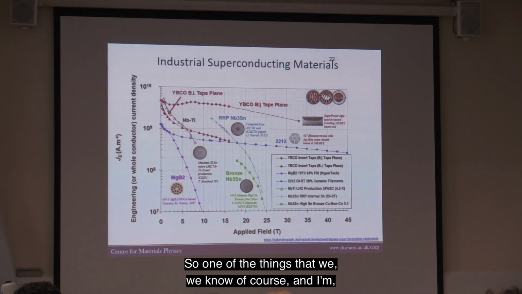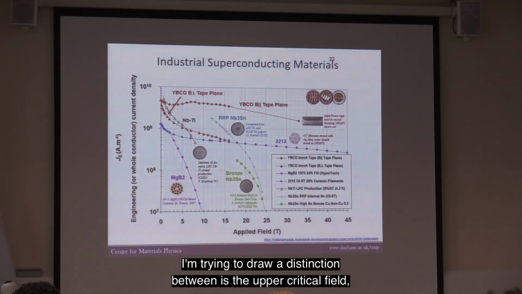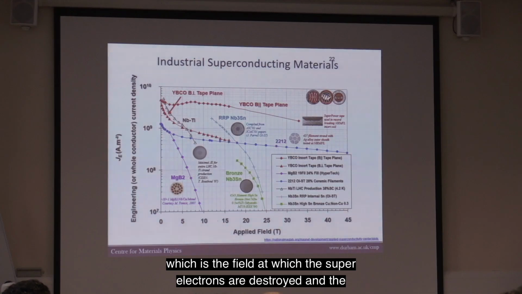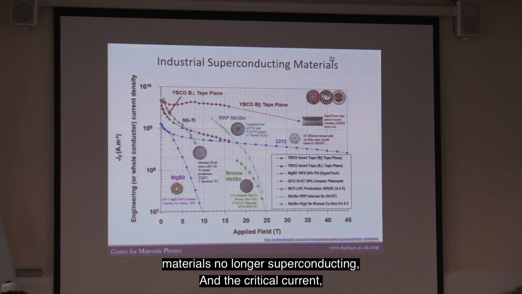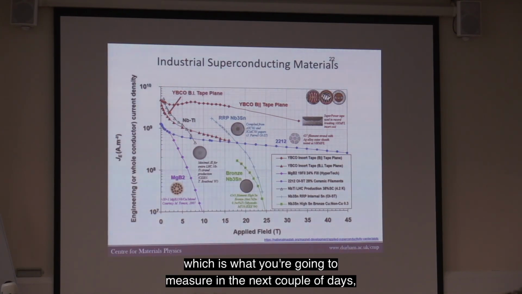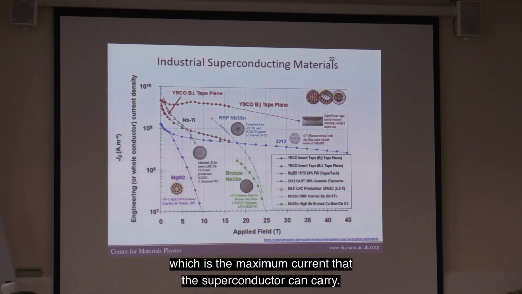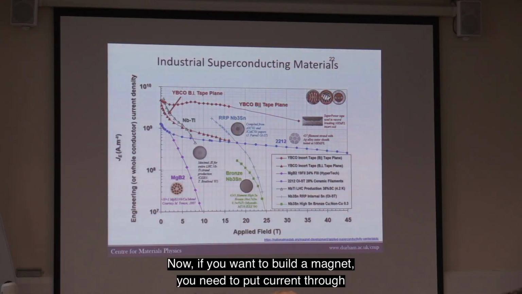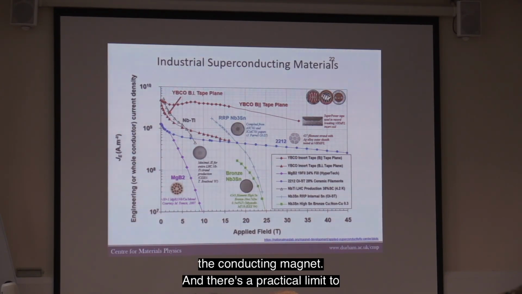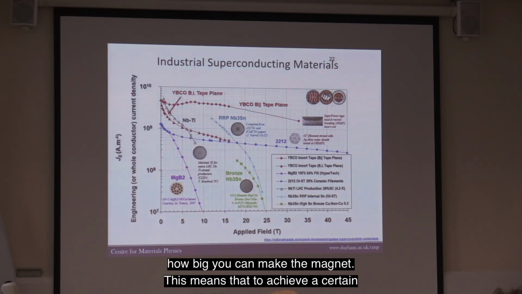One of the things that we know, and that I'm trying to draw a distinction between, is the upper critical field, which is the field at which the superelectrons are destroyed and the material's no longer superconducting, and the critical current, which is what you're going to measure in the next couple of days, which is the maximum current that the superconductor can carry. If you want to build a magnet, you need to put current through the superconducting magnet, and there's a practical limit to how big you can make the magnet.